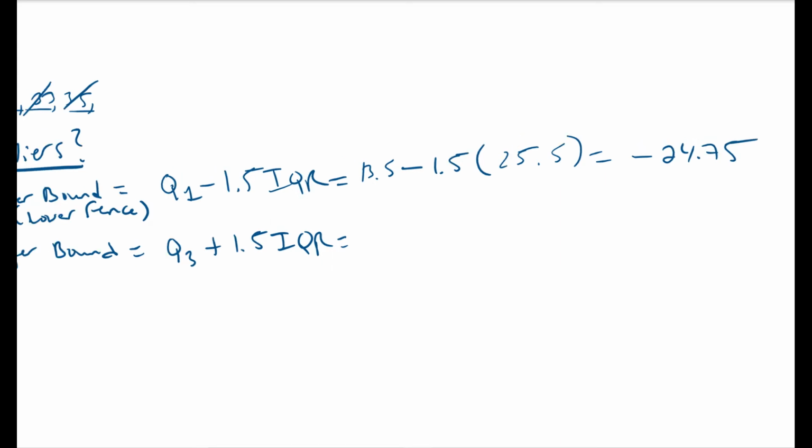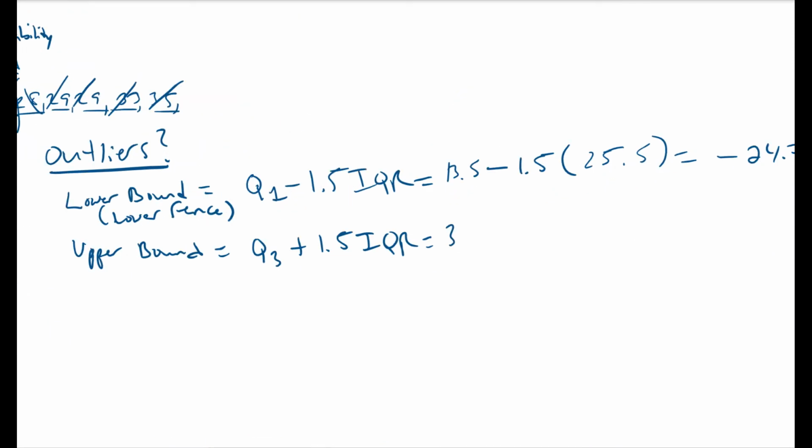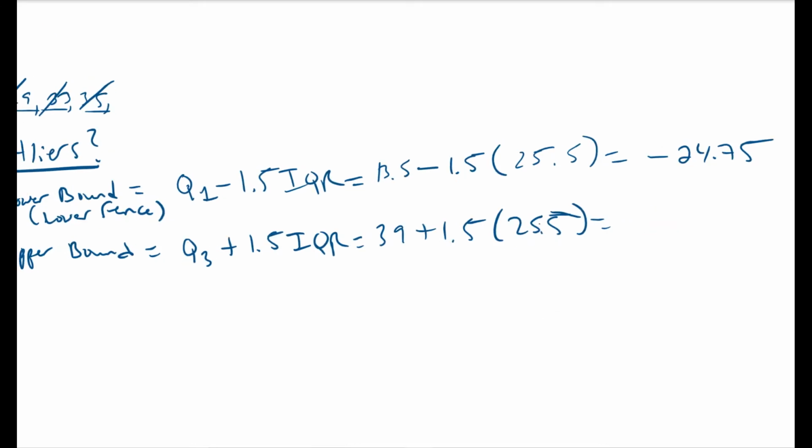And then here we have third quartile, which is 39 plus 1.5 times 25.5. So we'll calculate that real quick. All right, we get about 77.25.